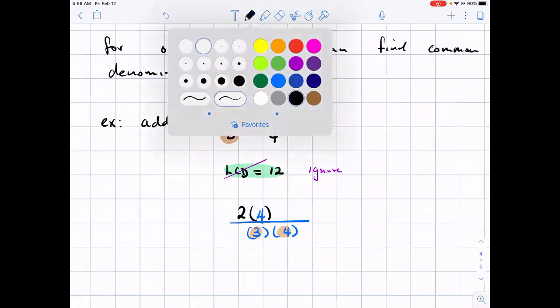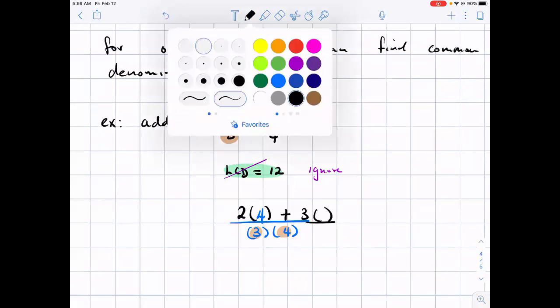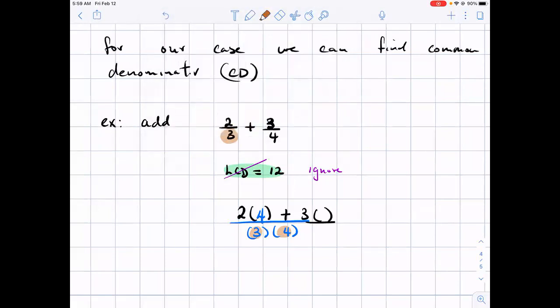Plus, I'm going to take this 3, and I have to multiply that by something. Look at this denominator here. It's a 4. But over here you have a 4 and a 3.